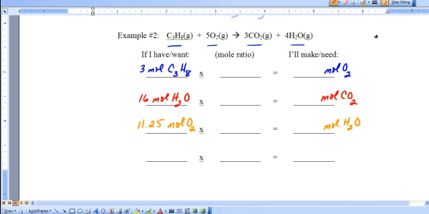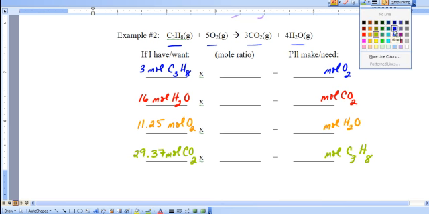And finally, what if we produce 29.37 moles of CO2? How many moles of propane must you have started with? All right, go ahead and pause the podcast. Give those 4 a try. Identify the mole ratios. Do the calculation, and then we can restart the podcast.